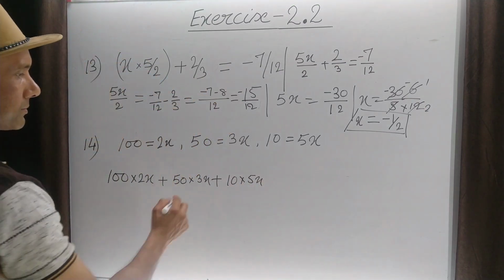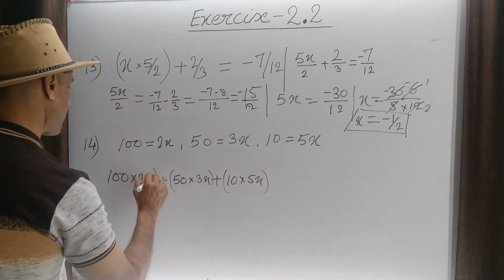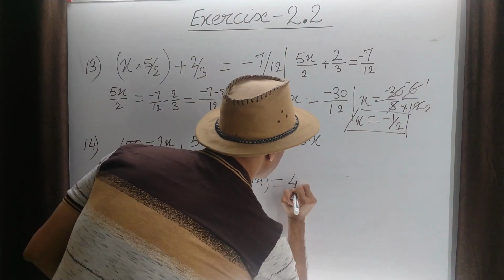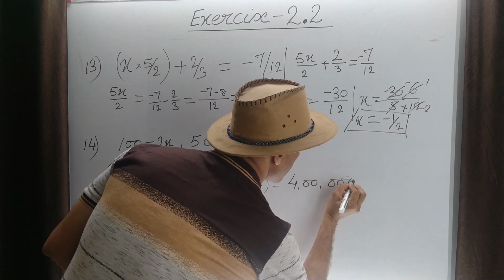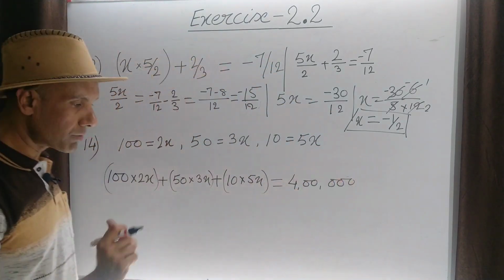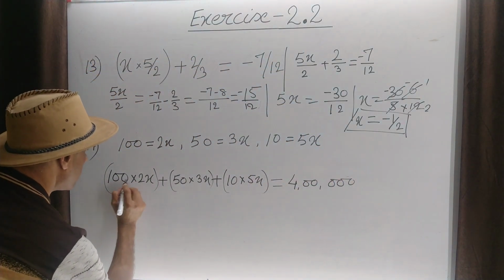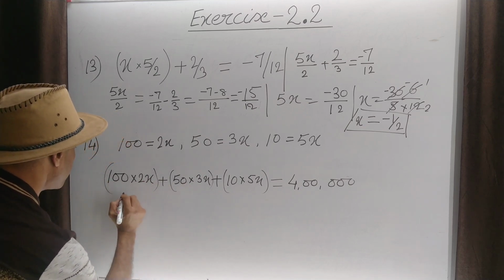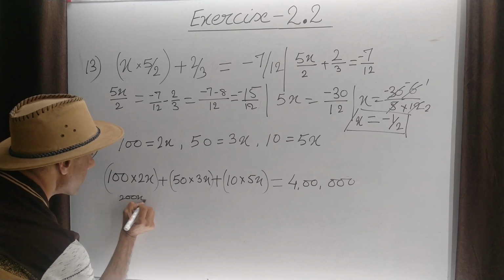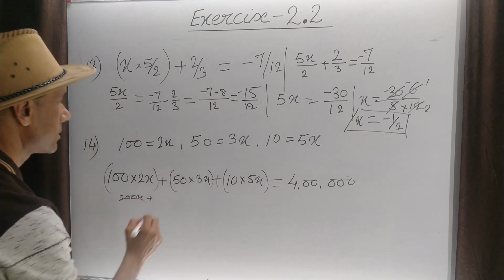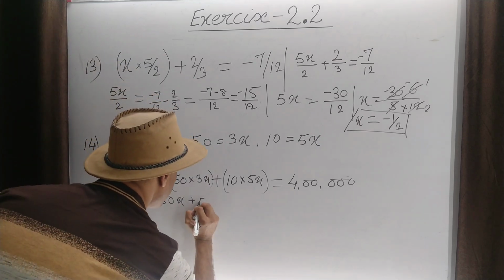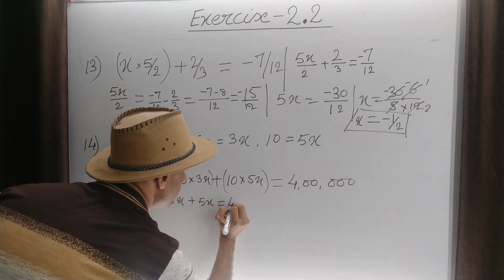Okay, and we get a value of 4 lakh rupees. Okay, now let's solve this equation. Here we got 200x plus 150x plus 50x is equal to 4 lakh rupees.